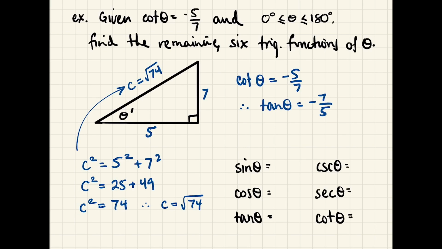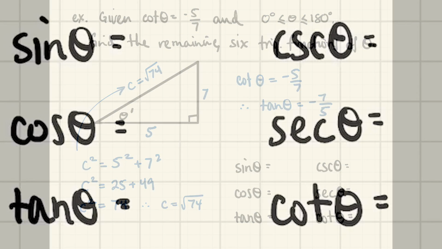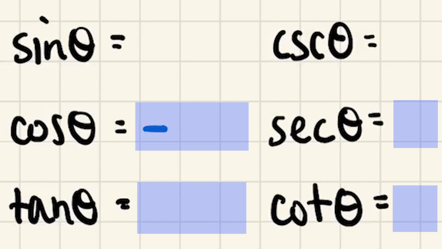So what we need to do is pay attention to the quadrant of our original theta. And we did this last time. We saw that cotangent of theta is negative, and theta is between 0 and 180. And we used that to deduce that theta had to be in the second quadrant. So that means that cosine, tangent, secant, and cotangent will all be negative.